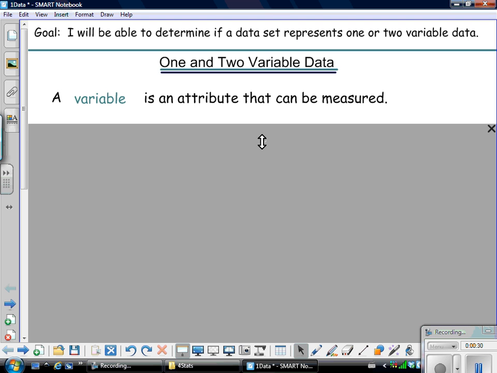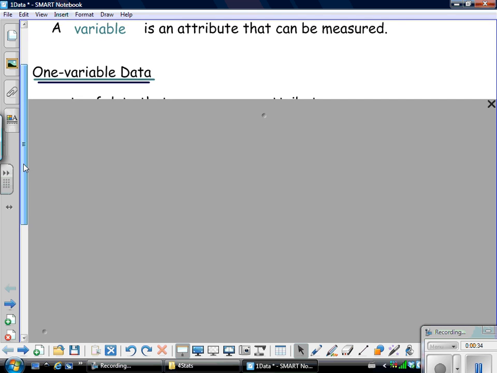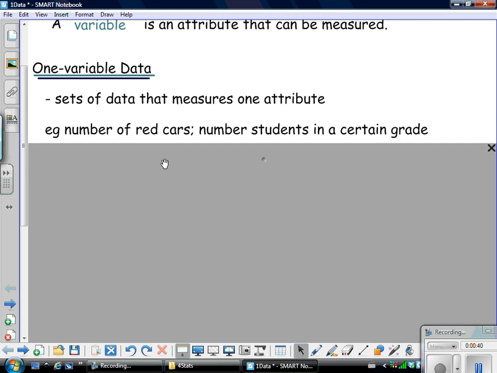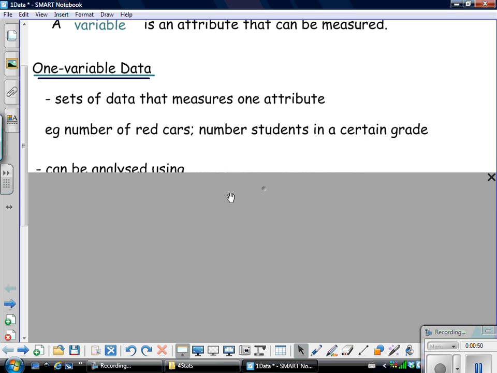When we're looking at one variable data, we're looking at sets of data that measure one attribute. The attributes could be the number of red cars, or the number of students in a certain grade. So we're just measuring one thing.